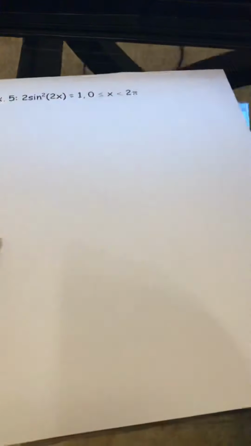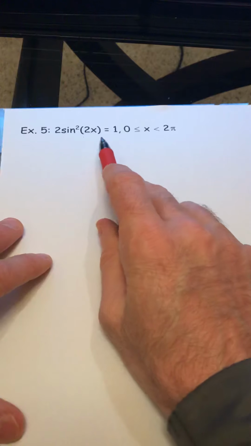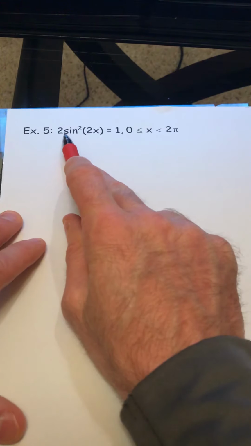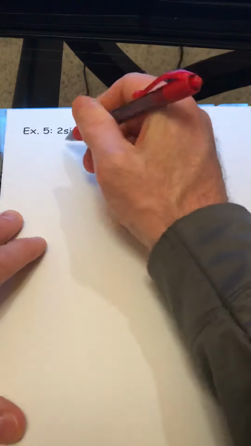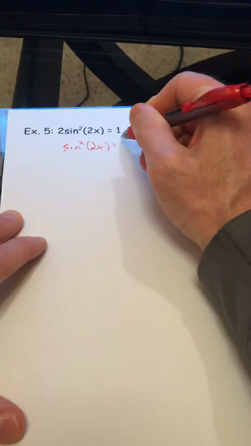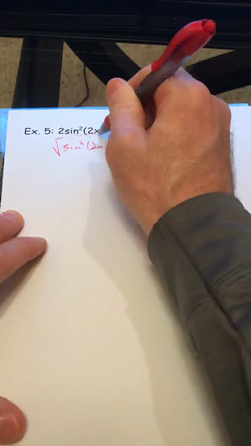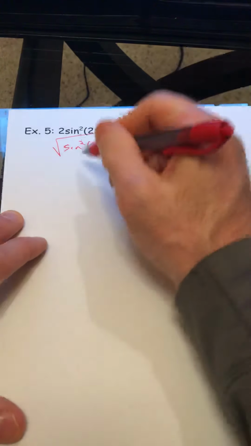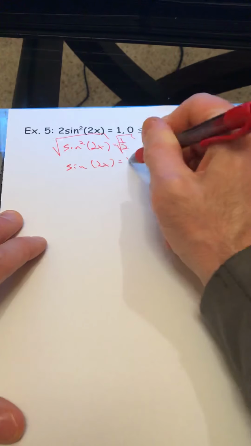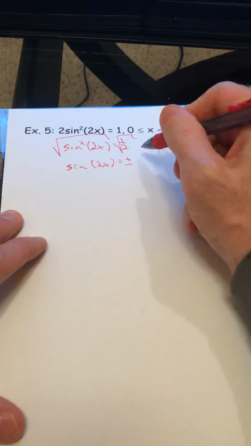All right, one final question. 2 sine squared of 2x equals 1. First thing that we are going to do is divide by 2. So sine squared 2x equals 1/2. Now, the one thing you do have to be careful about here is when you take the square root, it is going to be both positive and negative.